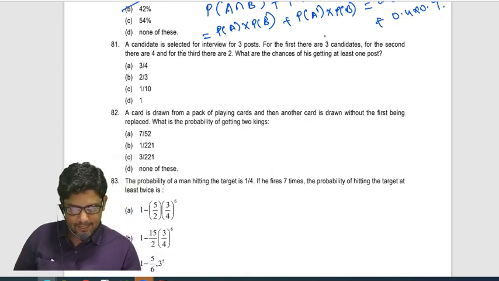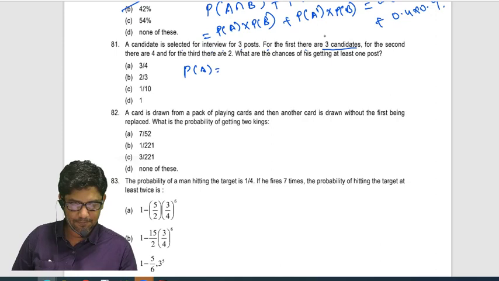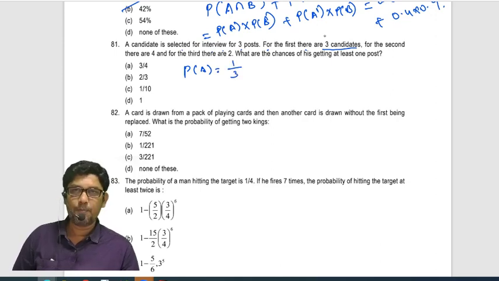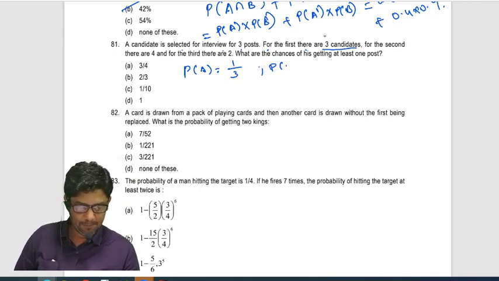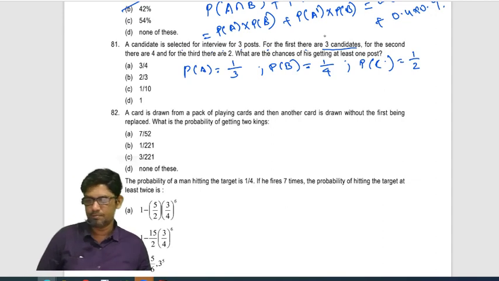A candidate is selected for an interview for 3 posts. For the first, there are 3 candidates. So, first person, for the first post, probability 1/3. Am I right? Because 3 candidates are there. Second person, third person, 1/2.